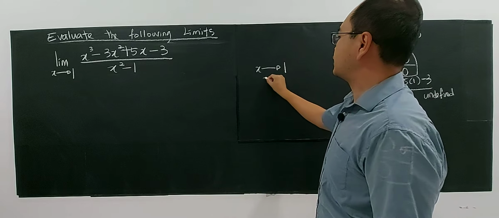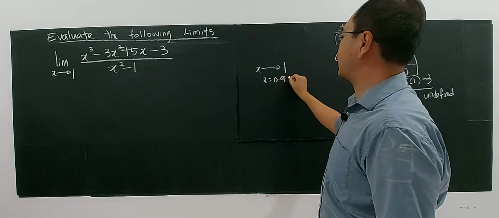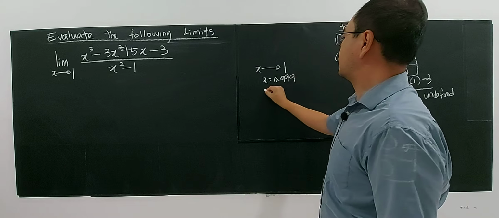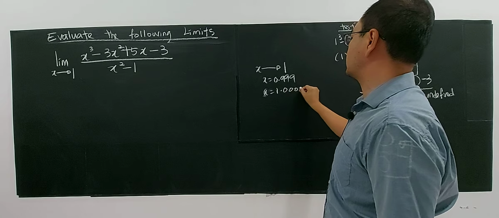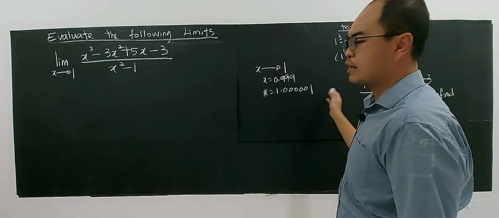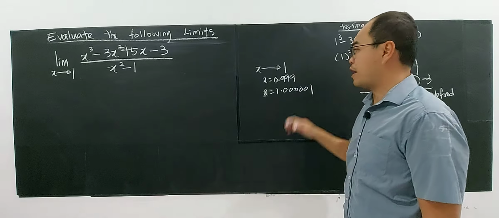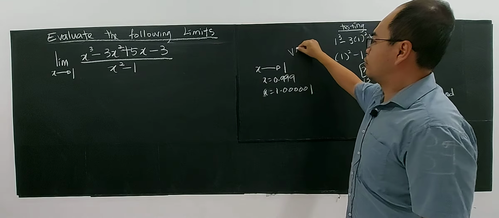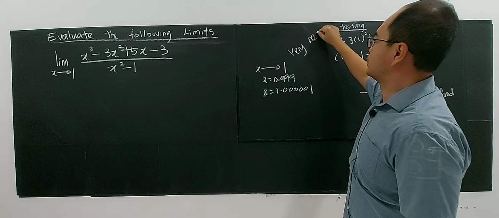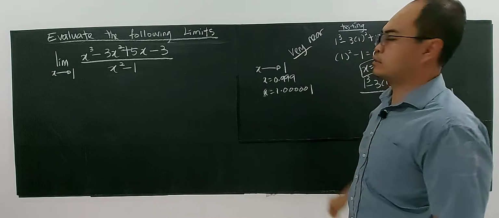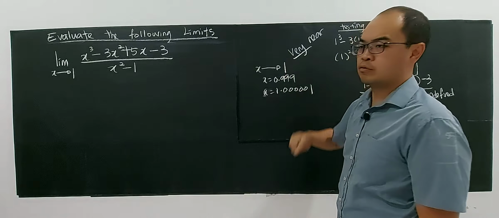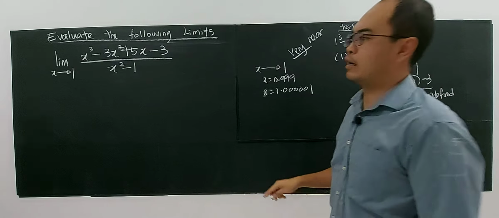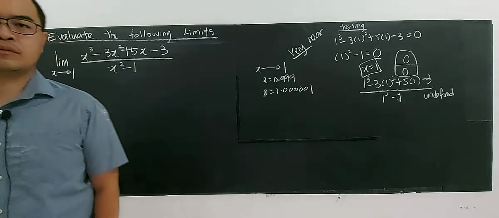What happens? x near to 1 can be 0.999, or it can be x equals 1.000001. Any value that is very near to 1. I said very near. It cannot be 2, it cannot be 0. Very near to 1. What will happen to this function here?